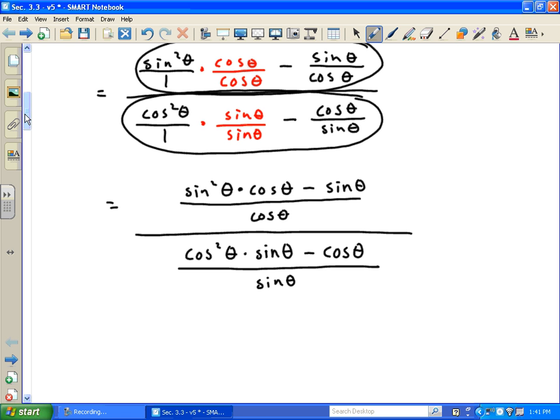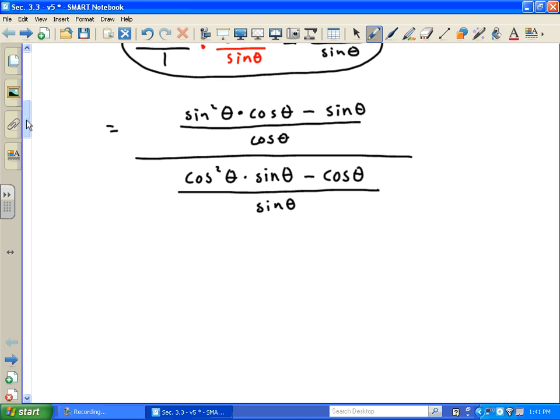Now I will do something we had discussed earlier. If you have a fraction over a fraction, you keep the top fraction, you change division to multiplication, and then you flip the bottom fraction. So here's what this will look like. I will have sine squared of theta times cosine of theta minus sine theta all over cosine of theta.